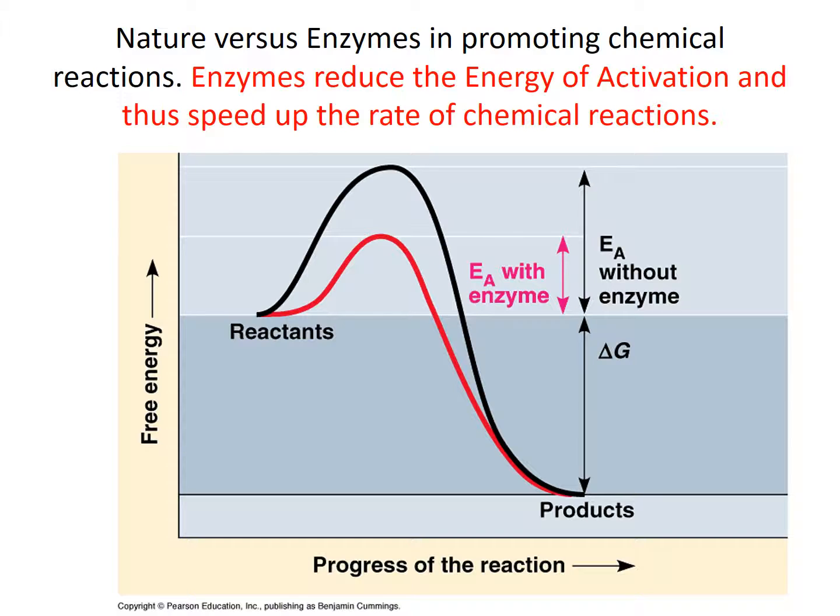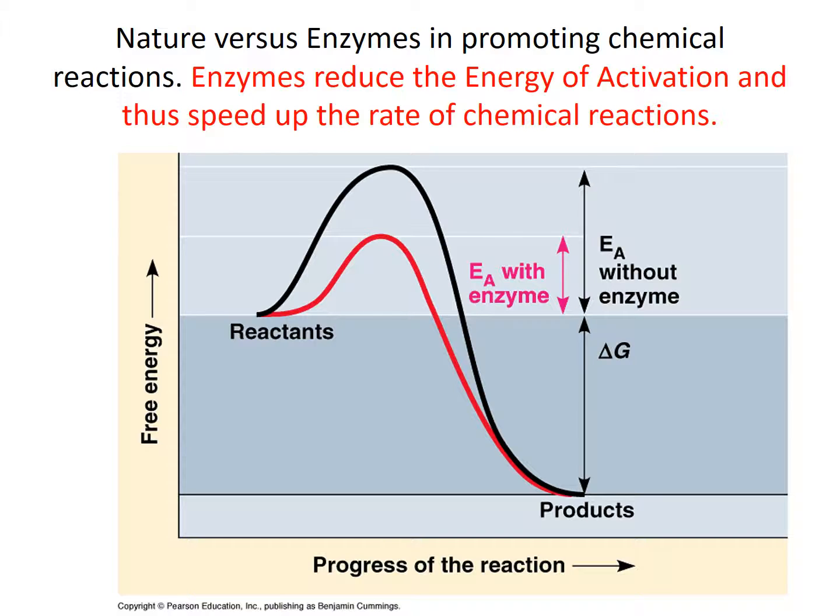So enzymes can only catalyze reactions that would actually happen in the first place. And again, looking back at this diagram, the energy of activation without an enzyme, as you can see, is much higher than it is with an enzyme. With an enzyme, it's much lower, and the reaction is more likely to occur with an enzyme than without. And this can be a tremendous difference.